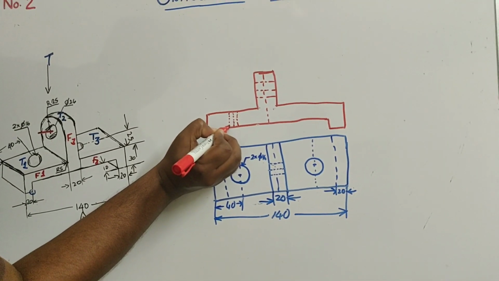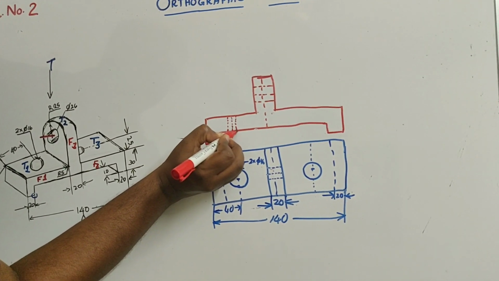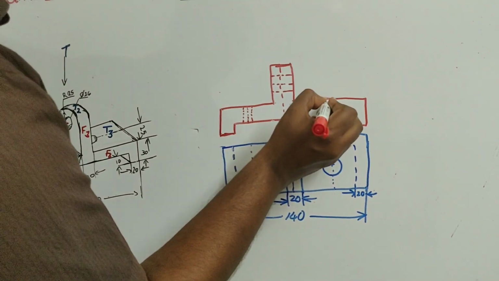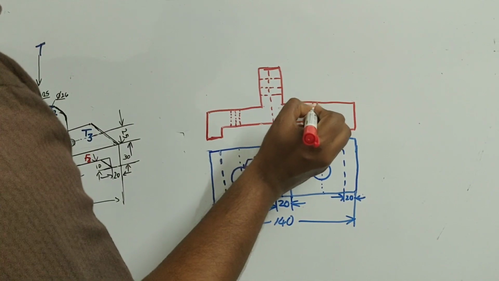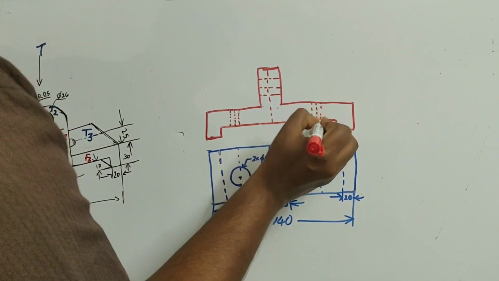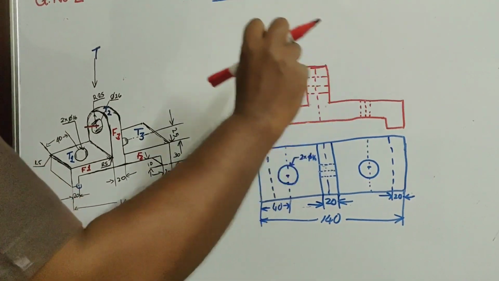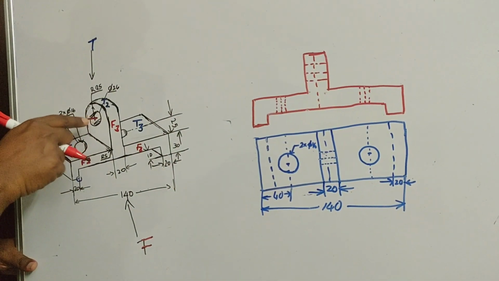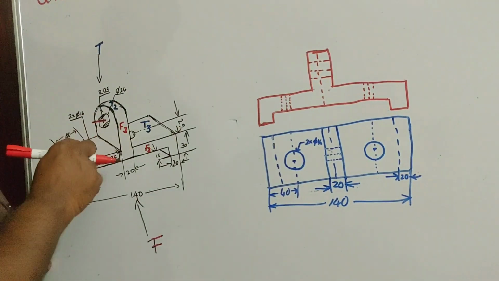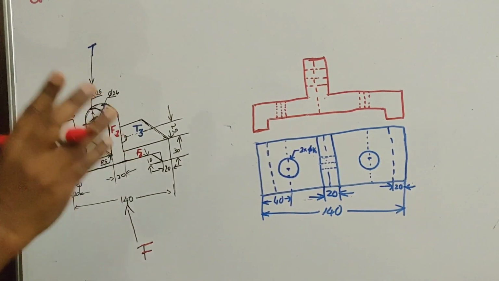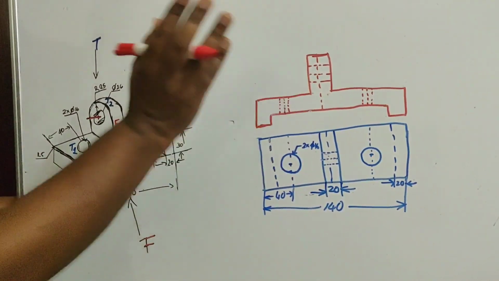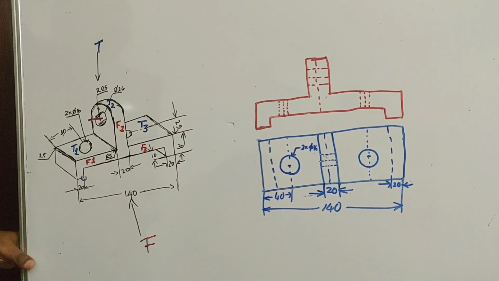From this center to this it is 8. From this center to this one it is 8. Here also you will find out that much distance and you find out two holes. So here there is a larger hole which corresponds to this one. These two are the smaller holes. These are all invisible when you are looking from the front.